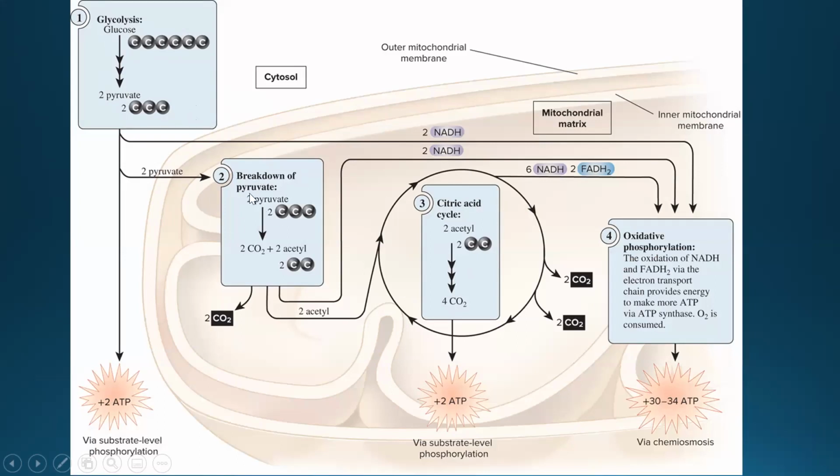You have the pyruvate oxidation, where pyruvate is going to be broken down into acetyl-CoA, and then acetyl-CoA goes into the Krebs cycle, where you produce those high energy electrons, which are going to be carried to the electron transport chain. And then the oxidative phosphorylation is going to produce the 38 ATP.